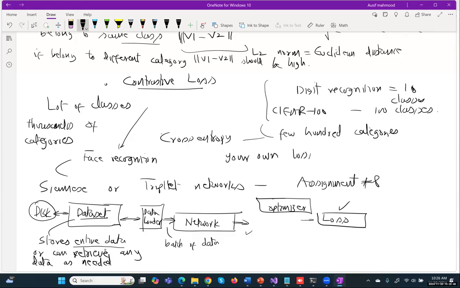And some of these loss functions, for example, some of you have perhaps heard of a very famous architecture called YOLO, which is used for object detection, not recognition, meaning if we wanted in a picture to detect, is it a person or is it a dog or is it a table or chair, right? Because there could be many chairs.